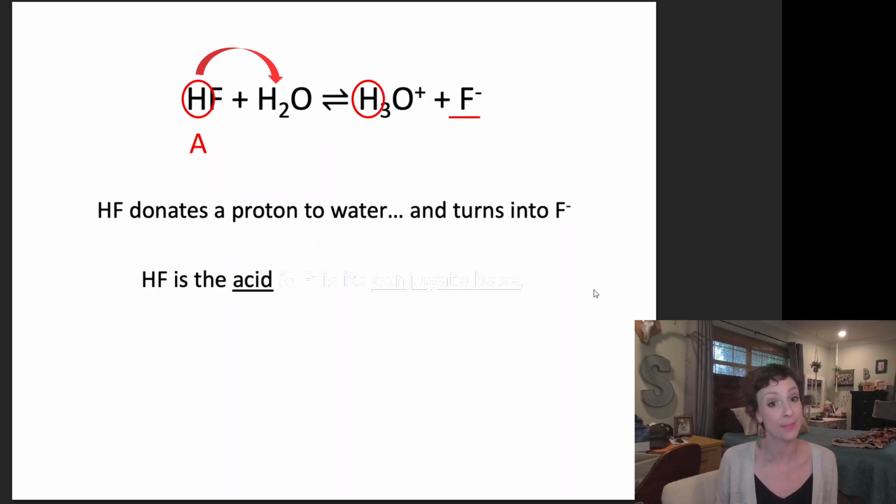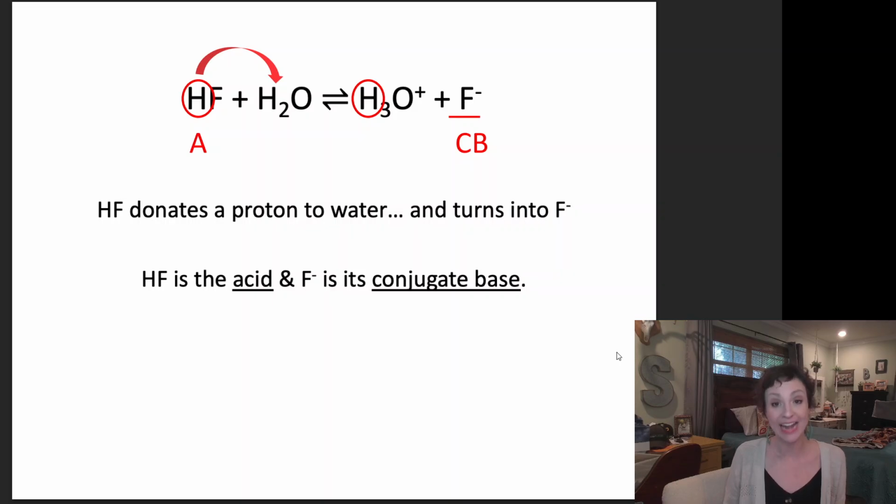So the way that we can think about this is hydrofluoric acid is the acid in this reaction. Well, the acid turns into, meaning on the product side, what does he now look like after he has donated his proton? The fluoride ion, which means that is the conjugate base. Okay, you guys, one thing to keep in mind, it is not just kicking off a hydrogen.